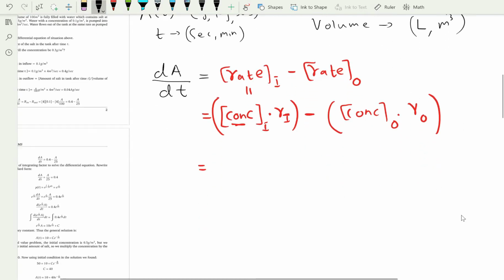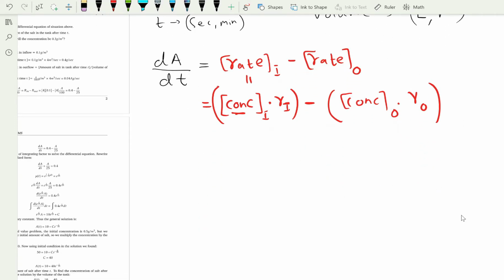So let's talk about units. The units of the left hand side are amount with respect to time, so grams, kilograms or pounds over seconds or minutes.